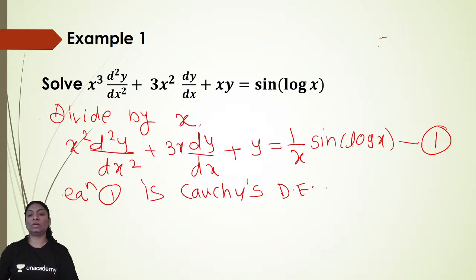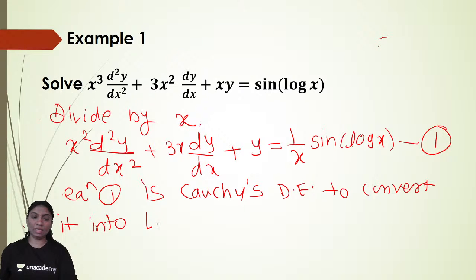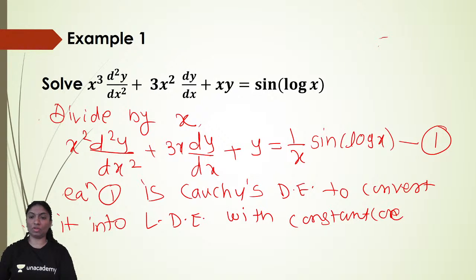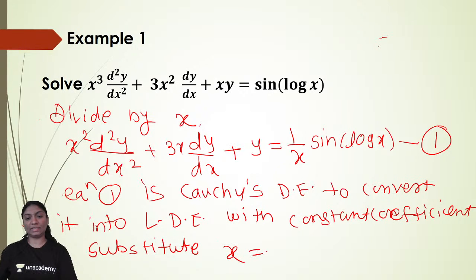To convert it into a linear differential equation with constant coefficients, substitute x is equal to e raised to z.